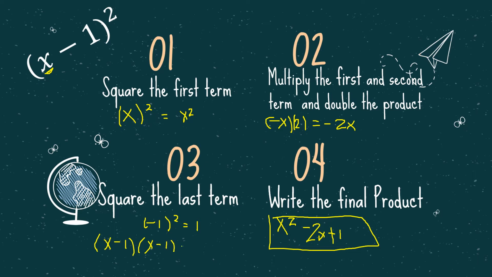The first is x times x, so that is x squared. x times negative 1 is negative x. Next, negative 1 times x is negative x. And then negative 1 times negative 1 is positive 1.